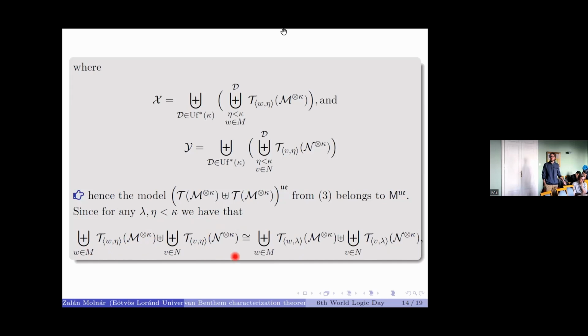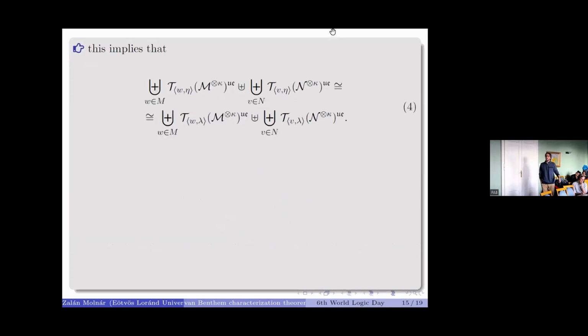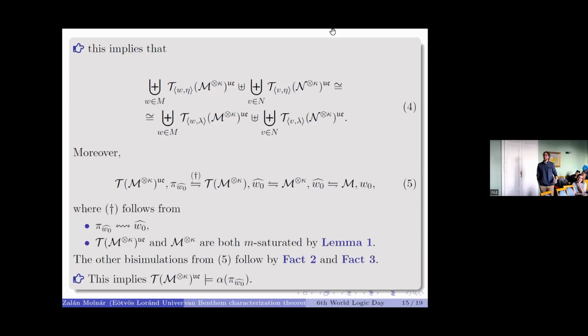They will be isomorphic because of the structure of this κ-multiplier and tree unraveling. And because of this isomorphism, it follows that if I just lift up to the ultrafilter extensions, they will also be isomorphic to each other.